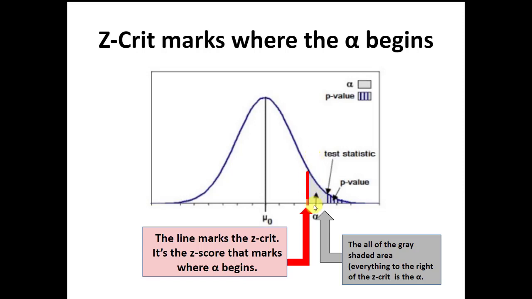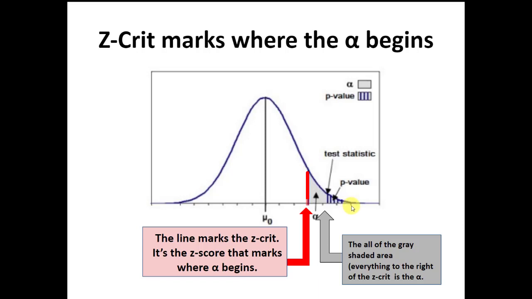So this right here is a one-tailed test. It's saying here is our z-crit. Everything beyond that is our alpha. Let's say our alpha was 5%. This is the line for this one-tailed test where everything beyond this is 5% of the curve.